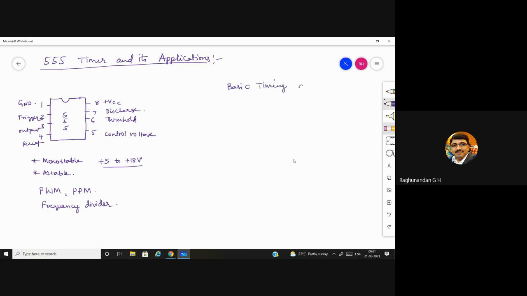So it contains a small comparator which is going to keep on comparing the two inputs, and it will have a flip flop. And here the manual input, whatever external input you need to give, will be given in the reset pin.